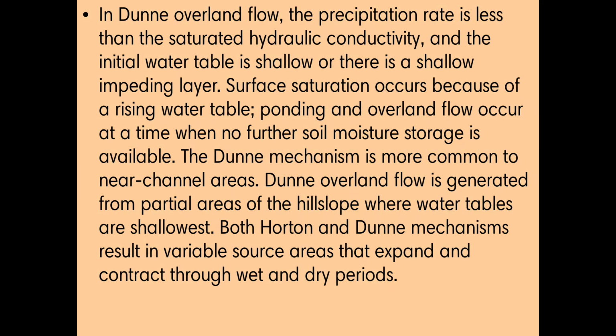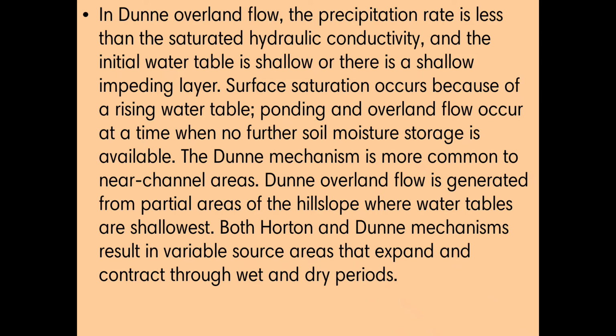In Dunne overland flow, the precipitation rate is less than the saturated hydraulic conductivity and the initial water table is shallow or there is a shallow impeding layer. Surface saturation occurs because of a rising water table, ponding and overland flow at a time when no further soil moisture storage is available.